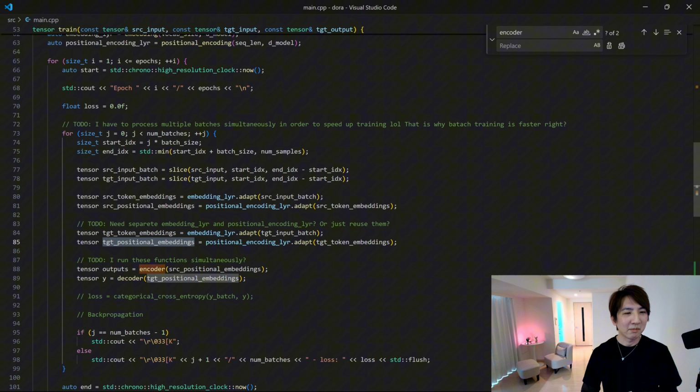Although I'm not really sure, I need to do some research on whether I need a separate embedding layer and positional encoding layer to encode these inputs for the target, because I just use the same embedding layer and positional encoding used for the inputs for the encoder.